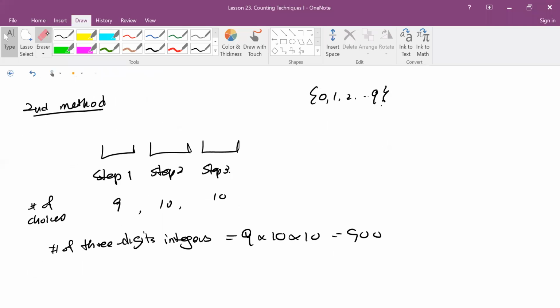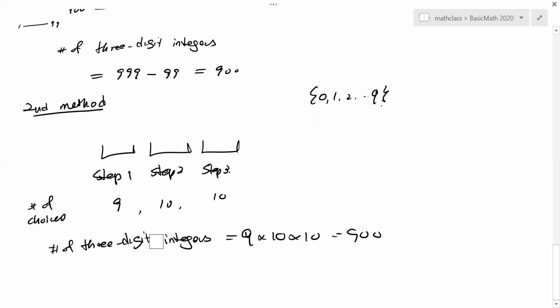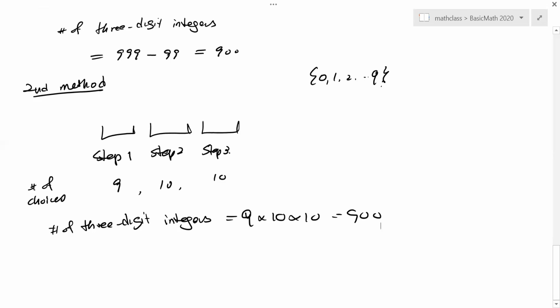Okay, 900. So we used the traditional method to count them, and it's 900. Now we have another, better method.